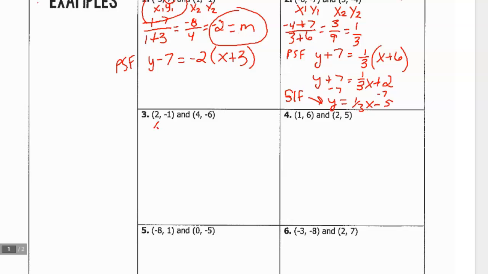So label x1, y1, x2, y2. So I have -6 plus 1. 2 negatives equal positive. And I have 4 minus 2. So that's y2 minus y1 over x2 minus x1. So that's -5. 4 minus 2 is 2.